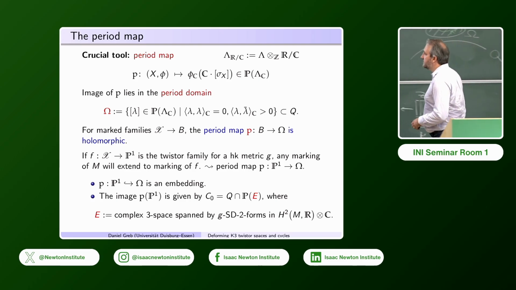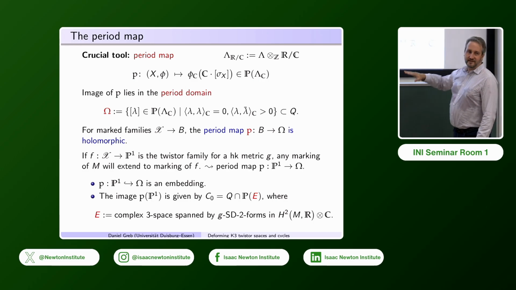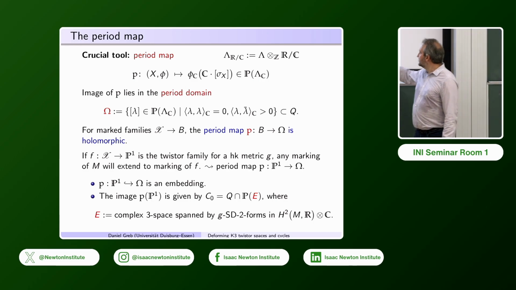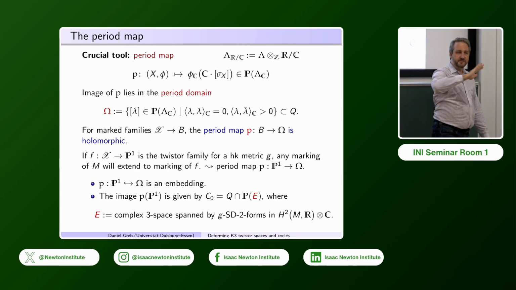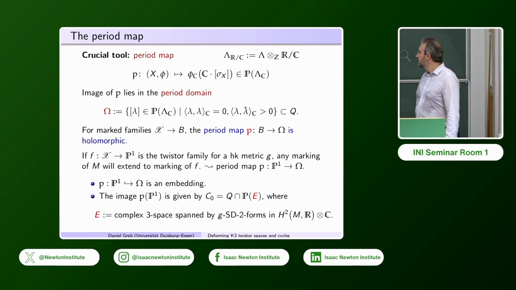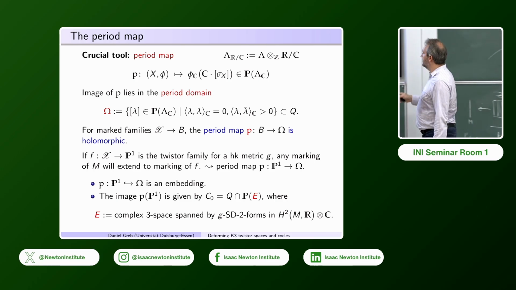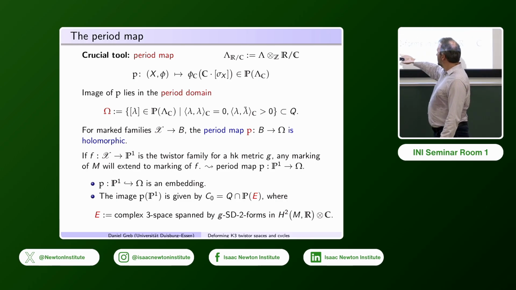And you can even write down the image, and this is maybe something you will like, in terms of an intersection of your quadric with a very specific plane, so the projectivization of a 3-space. And what is this 3-space in your C^22?